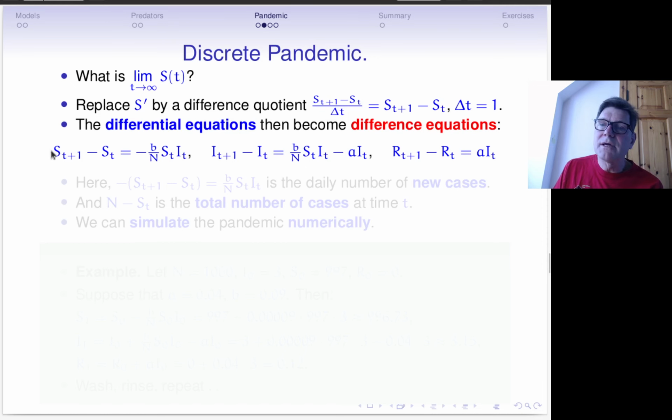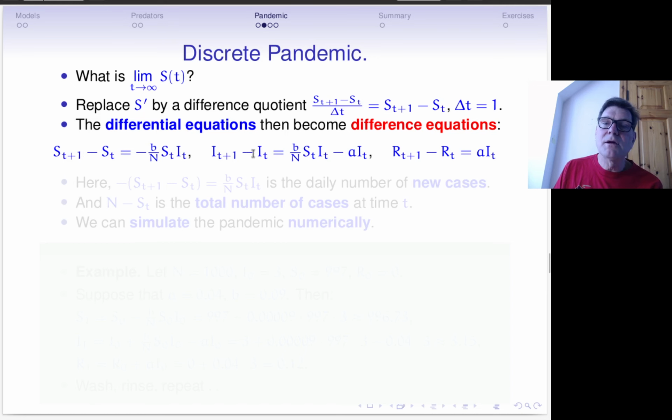How many new cases are there every day compared to the day before? So we get the formula for S at point t plus 1 in time minus S at point t, described by the formula in terms of yesterday's values.